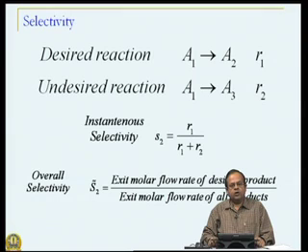We also defined overall selectivity. For example, if you have a plug flow reactor, then overall selectivity is the exit molar flow rate of the desired product to the exit molar flow rate of the total products. Let us now see how these two quantities are related to each other and how the design of the reactor gets influenced by ideas such as selectivity.